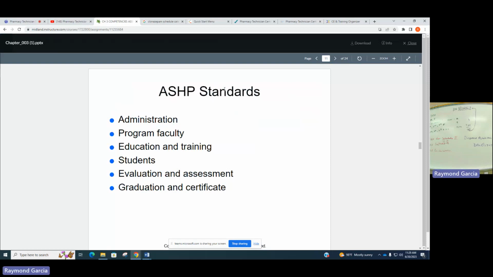As of December 5th, 2013, the PTCB offers one sample examination consisting of 90 multiple choice questions to be taken within 110 minutes. The new practice test is designed to familiarize candidates with the PTCE. The practice test is built according to the same content specifications as the pharmacy technician certification exam.